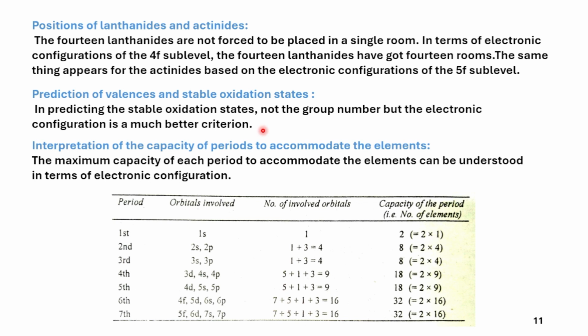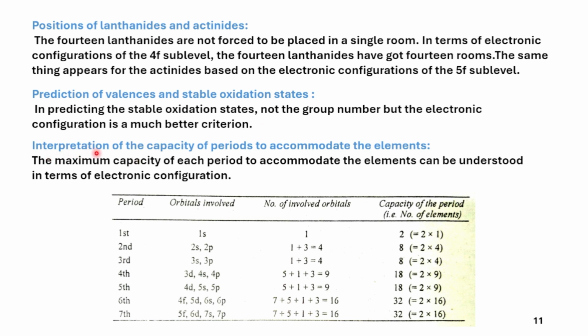But there was no reason for that. Now, from the electronic configuration, you can say how many electrons it will lose or how many electrons it will take, because the atom will try to attain a particular electronic configuration that gives it half-filled or fully filled nature. Those things we will also learn later.